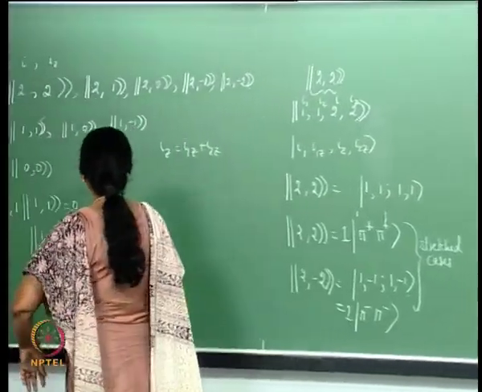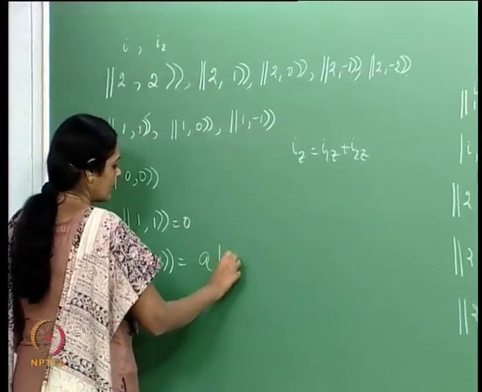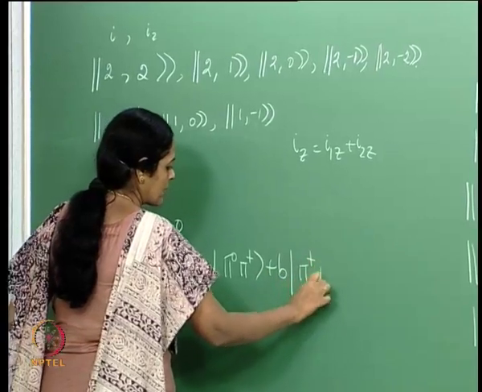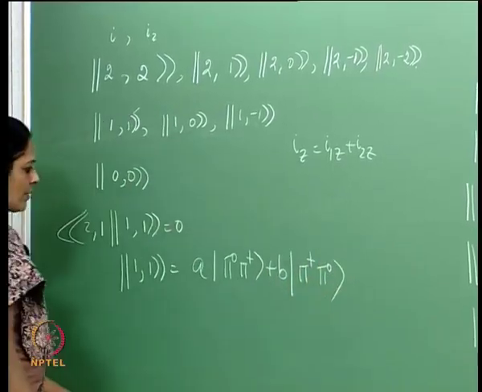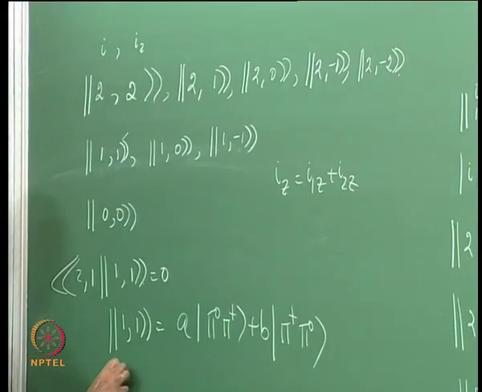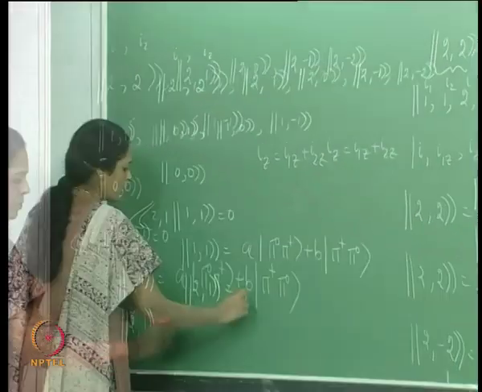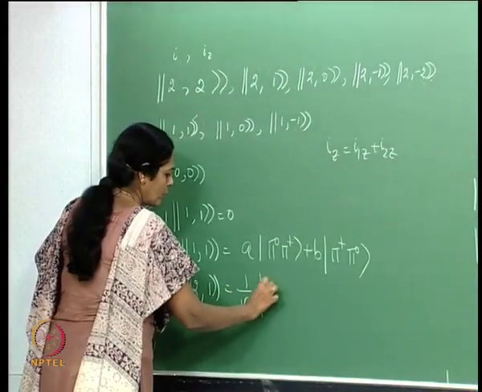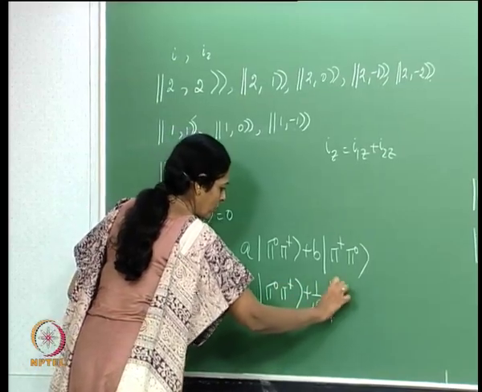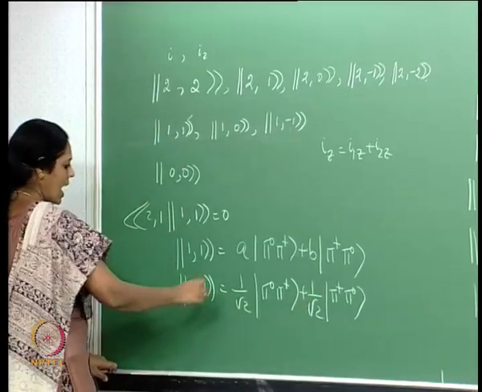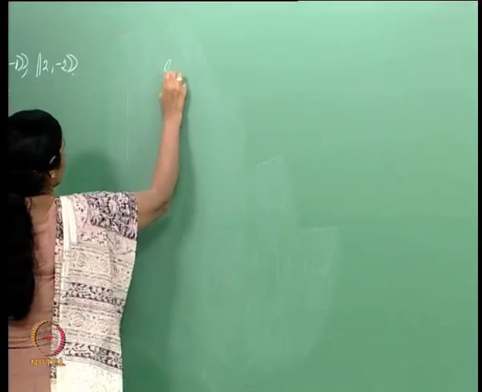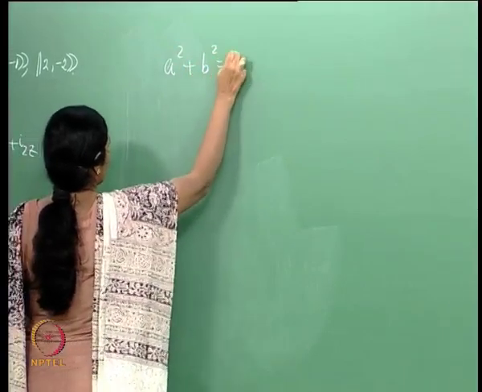So returning to 1 comma 1, I know that it should be a superposition of pi naught pi plus and pi plus pi naught. These are the only states that can contribute to 1 comma 1, but since I know 2 comma 1 to be the symmetric state 1 by root 2 pi naught pi plus plus 1 by root 2 pi plus pi naught, and I also know that a squared plus b squared is 1.